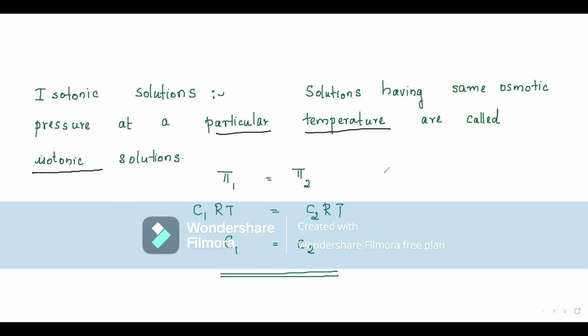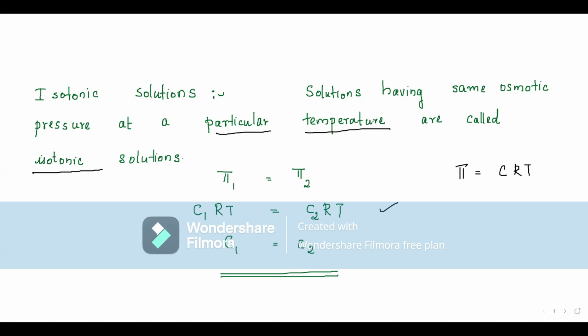Since osmotic pressure remains the same, we have written here pi 1 is equal to pi 2. But pi is equal to CRT: concentration of solution into universal gas constant into absolute temperature. Now, C1RT is equal to C2RT when you substitute pi by CRT.